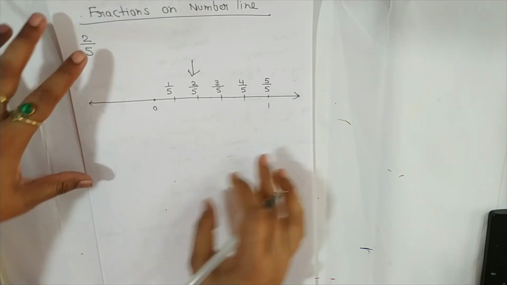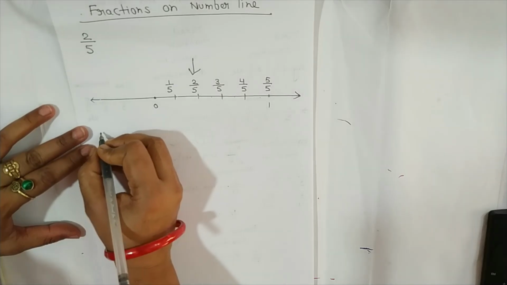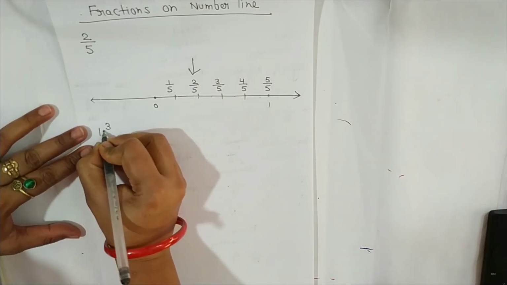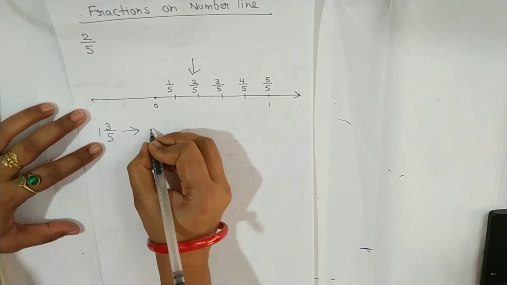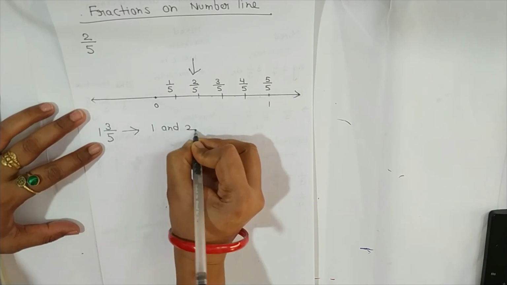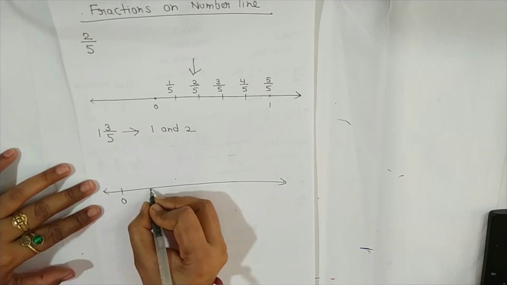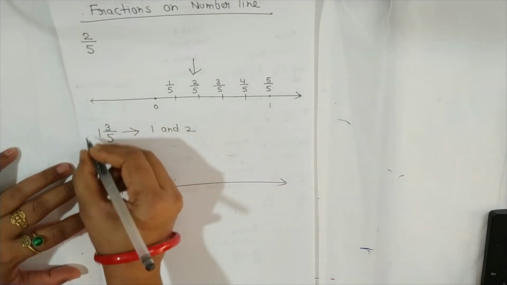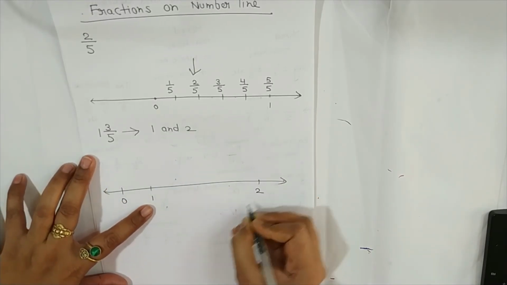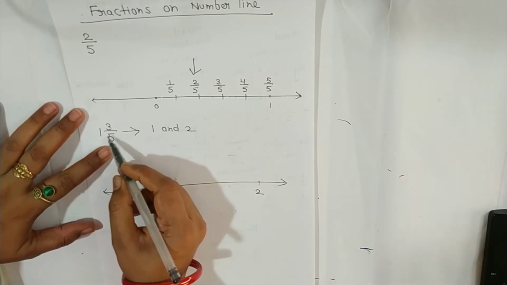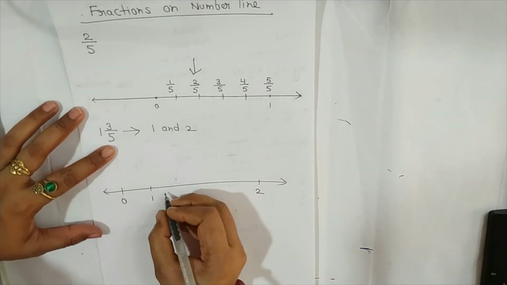Okay. Now we will represent a mixed fraction on the number line. Suppose 1 3 upon 5. So it is clear that it lies between 1 and 2. First we have to draw a number line. This is 0 and this will be 1. Now this mixed fraction lies between 1 and 2, so we have to make it like this. Now how many parts are required? Yes, 5. So we divide this into 5 equal parts.